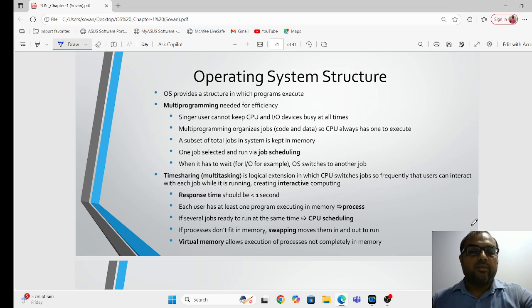The response time should be less than 1 second. Each user has at least one program executing in memory. This is called a process, when the program is executed from memory. So each user has at least one program.